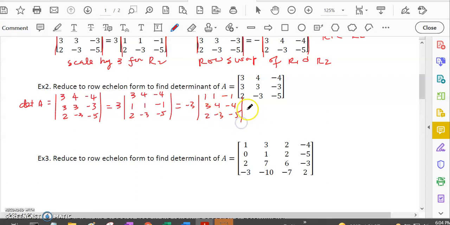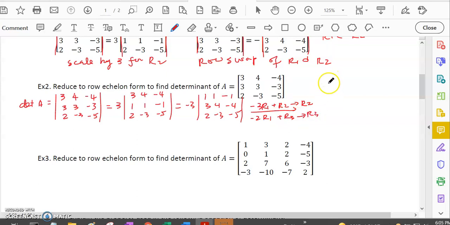It is very good to do elementary row operations to get 0s below the pivot. First, negative 3 of row 1 plus row 2 goes into row 2, and negative 2 of row 1 plus row 3 goes into row 3.